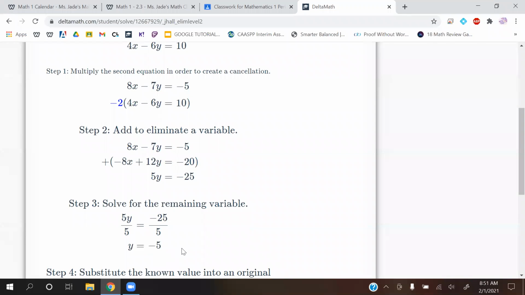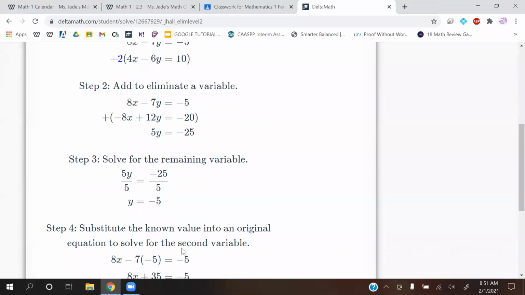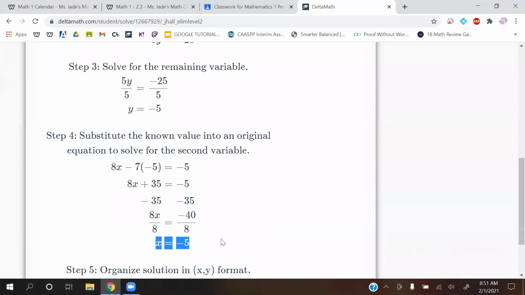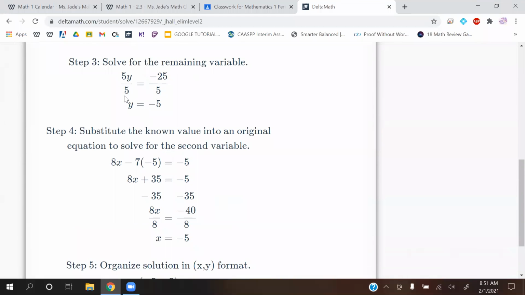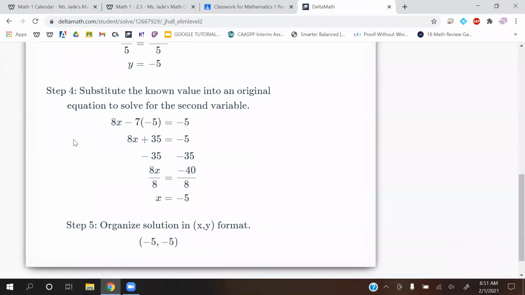Once you get one of the variables, you plug it into the equation to get your x. Then put it in x, y format, your x first and your y second. After you get one of the letters, it's pretty much the same steps whether you're using elimination or substitution: plug it into the equation, solve for the other, and put it into xy format.